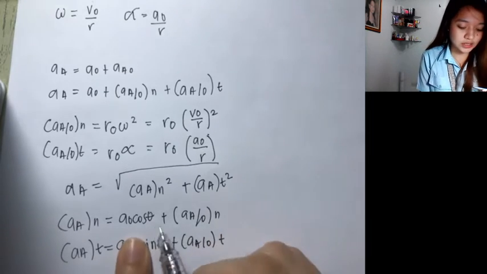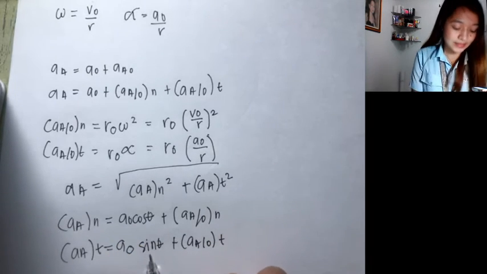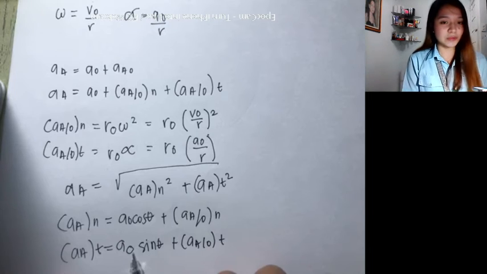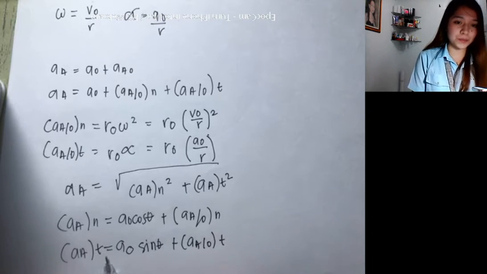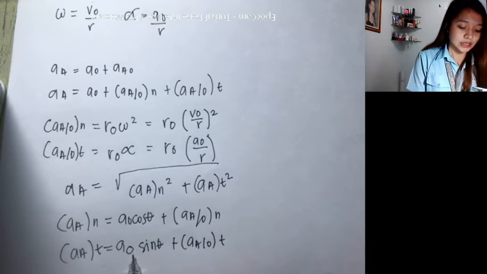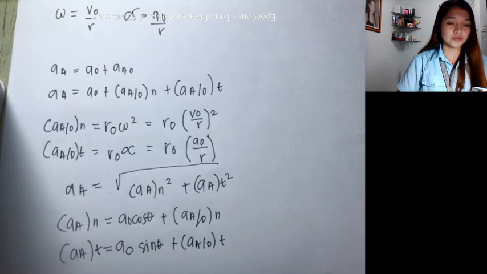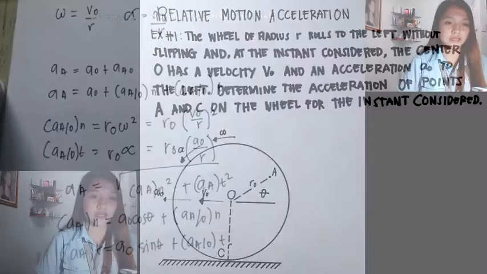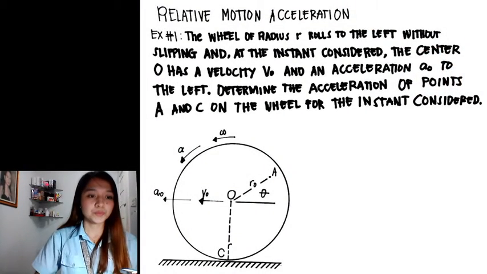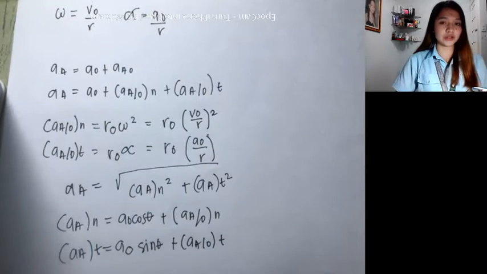If you notice, this is cosine and this is sine theta, simply because tangentials are perpendicular and vertically positioned in the figure. Later on, I will graph it.